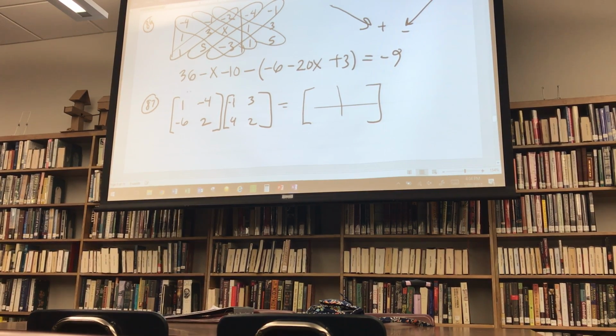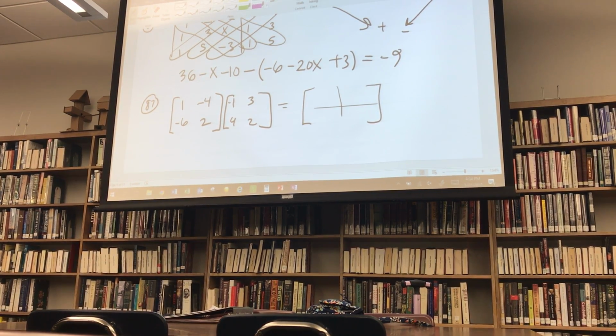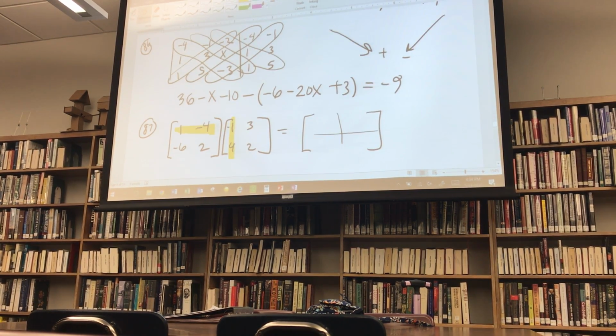I'm going to take the first row and multiply by the first column. And I'm going to match up all the pieces. And so that means I'm going to take the 1 times the negative 1, so that's negative 1, plus negative 4 times positive 4, which is negative 16.